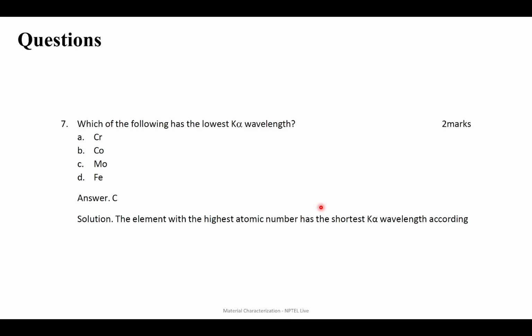That is correct. The answer would be C, molybdenum. By Moseley's relation, the element with the highest atomic number has the shortest K alpha wavelength, which is molybdenum here.